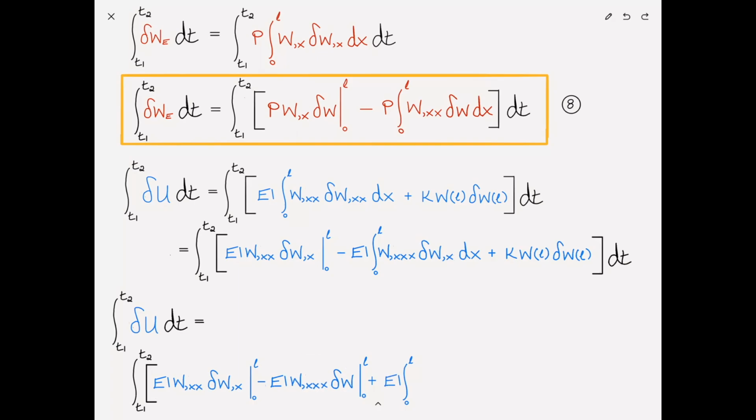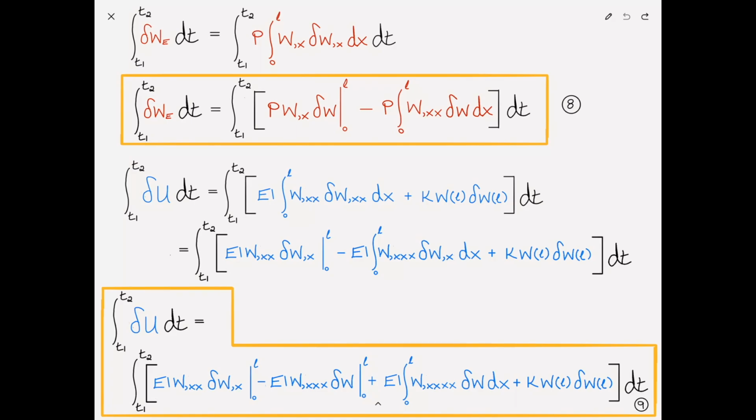So EI is constant times w,xxxx, the fourth derivative of w with respect to x, times del w dx, plus the spring contribution again remains unchanged. Close brackets dt. And that is the expression for integrating the strain energy between times T1 and T2. Let's give it a number 9 we're up to, and put a yellow box around that because we're going to need that later. All right, so let's continue on the next page with the variation of the kinetic energy.